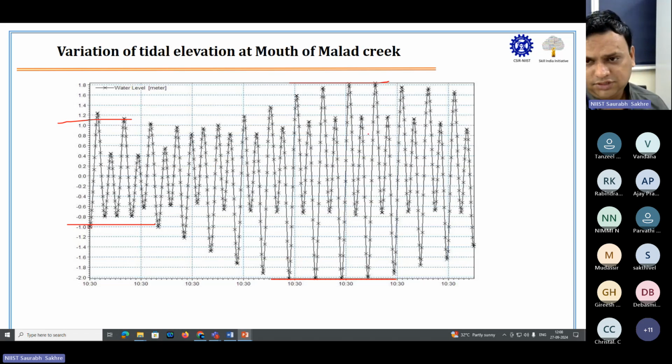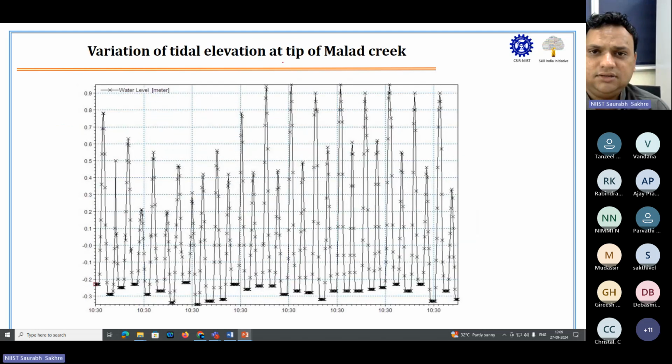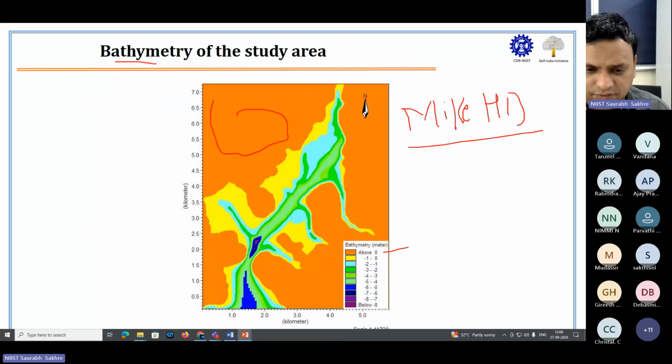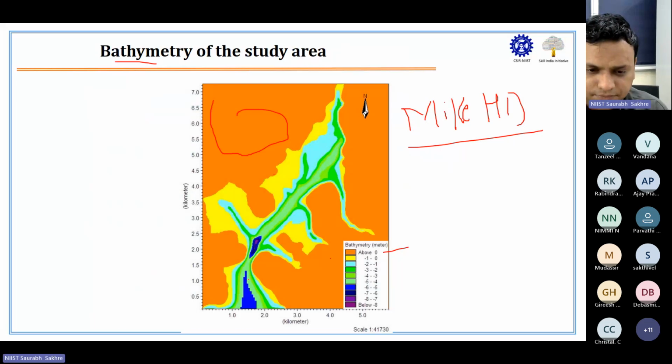So we have to simulate and see for all these situations when the tide is low and when the tide is high. This is at the mouth of the Mallard Creek. Mouth means from where the water will enter. Sorry, this is the mouth and this is the tip of the creek.